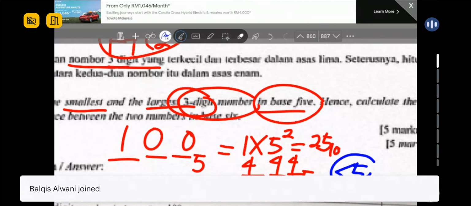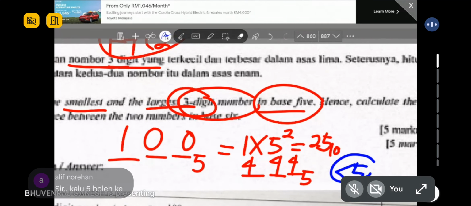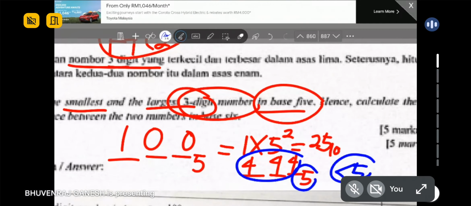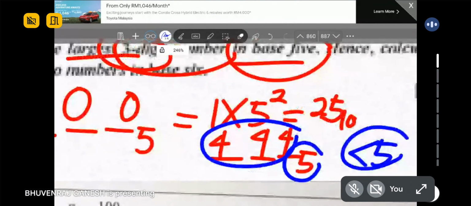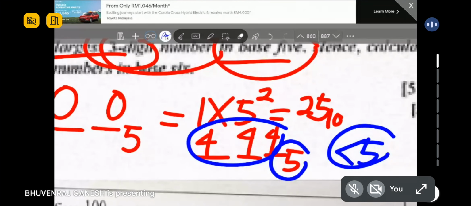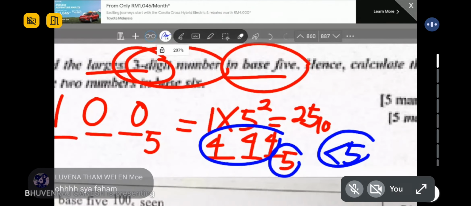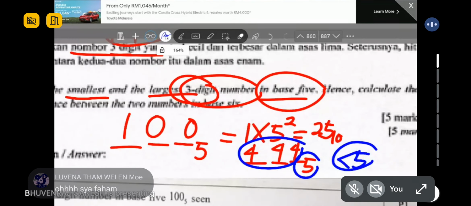Do you get the concept? So all the digits over here must be less than 5. Kena kurang dari 5. Kalau 5 tak boleh. Because this is base 5 guys. Asas 5, digit yang tertinggi boleh pergi hanya 4. Ingat. Okay, until number 4 only. Can guys? No problem.